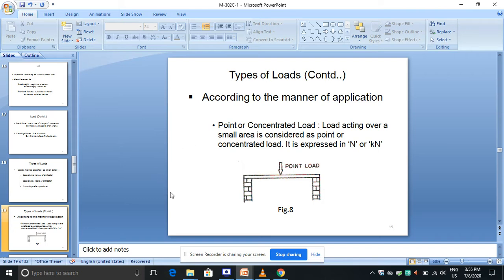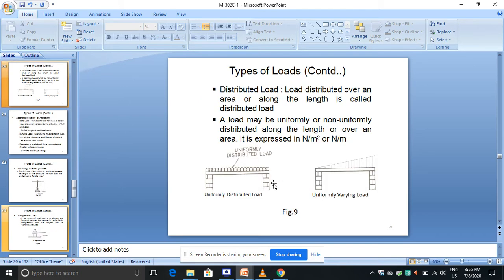Load acting over a small area is considered a point or concentrated load. It is expressed in newtons or kilonewtons. Here you can see a beam with the load applied at a point.